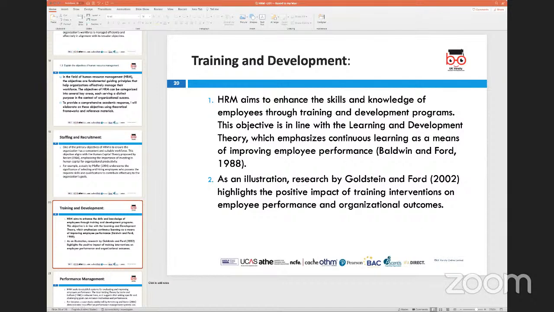In those cases, the HR department would need to put some sort of training in place, and that training would allow employees to understand how to work with that particular software and use it for checking in and checking out various guests.